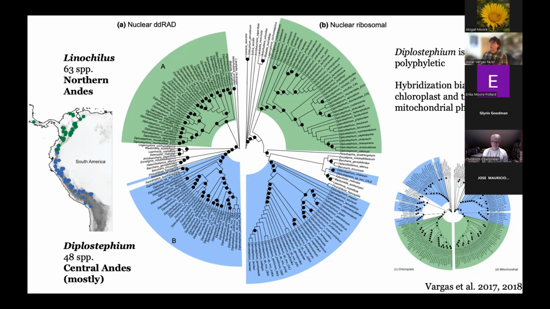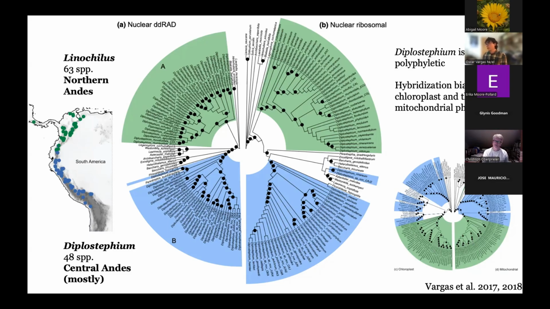So your next question might be, what's happening with the chloroplast and the mitochondrial phylogenies? Well, when you look at those phylogenies, they make no sense at all, biogeographically or morphologically, at least, when I was trying to understand this.